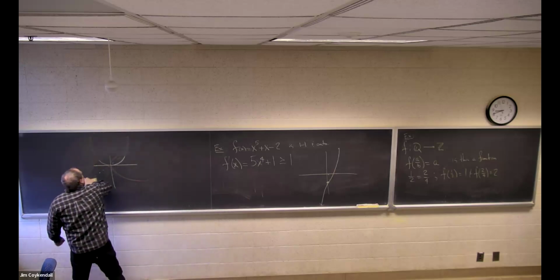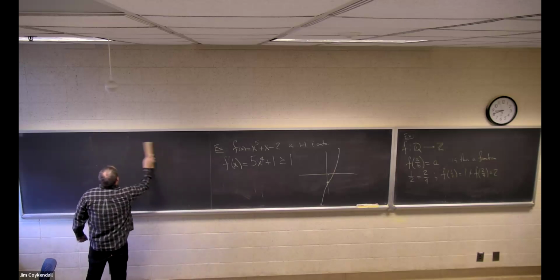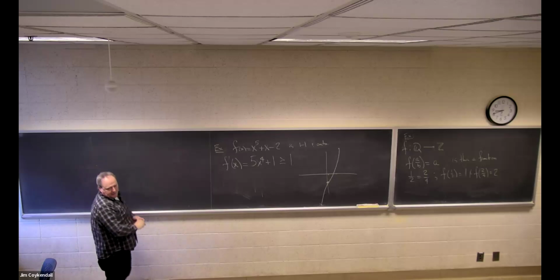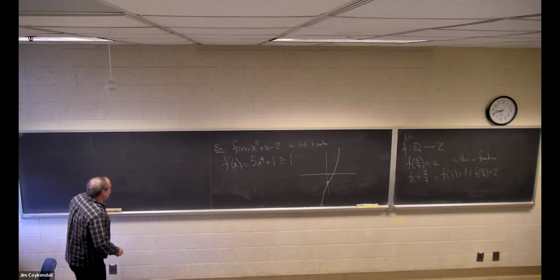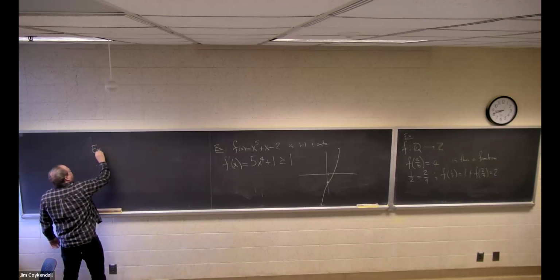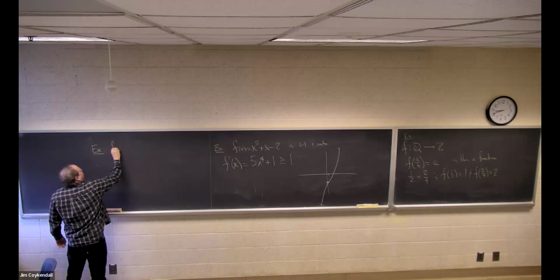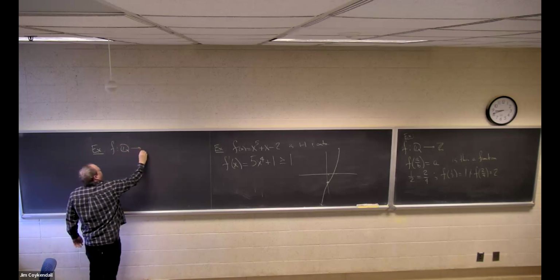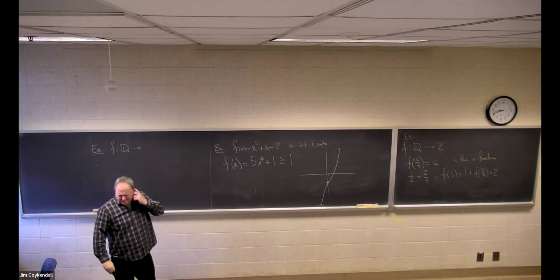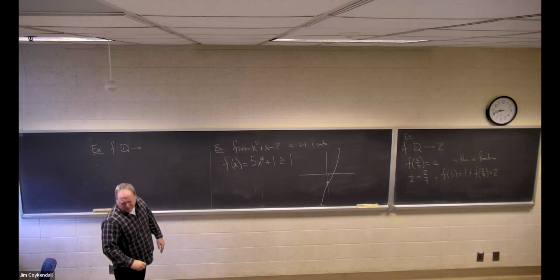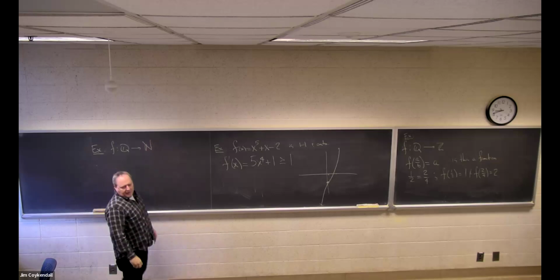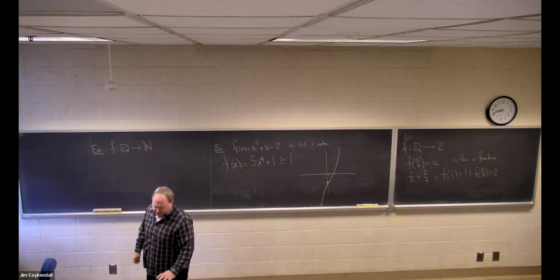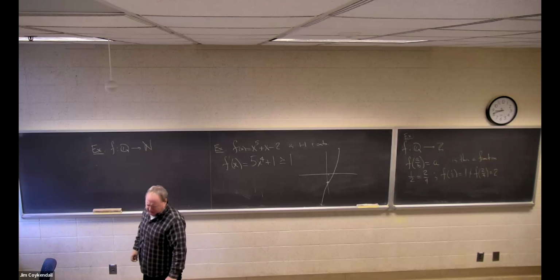Okay, now that I've got you worried about it, let me give you this function here. We're going to define f, this time to the natural numbers. But I'm going to go through this exercise here of how to do it.